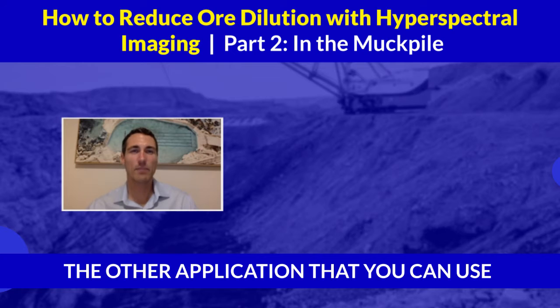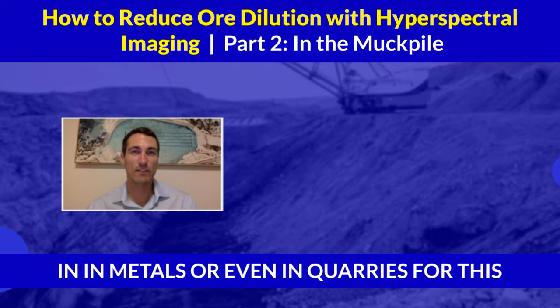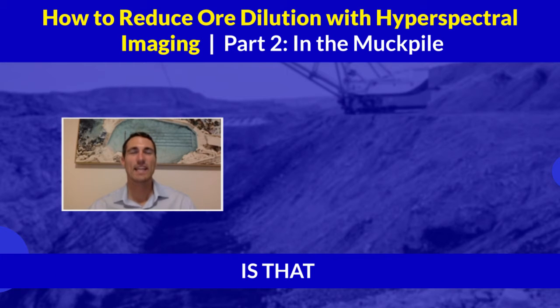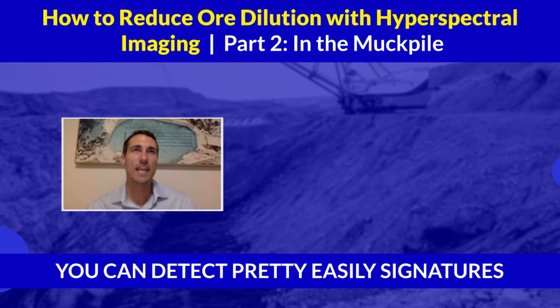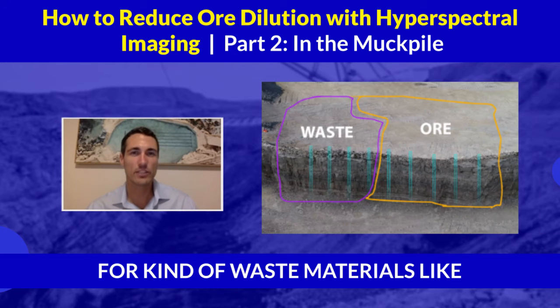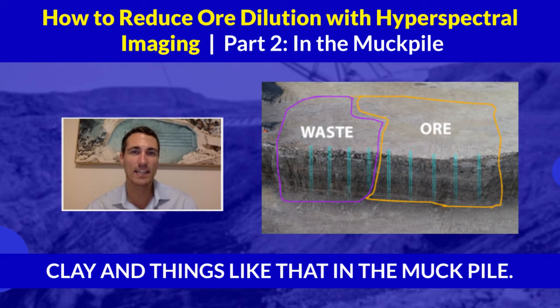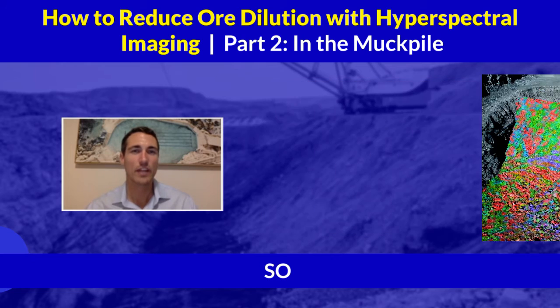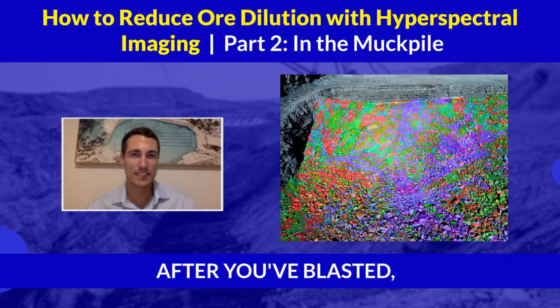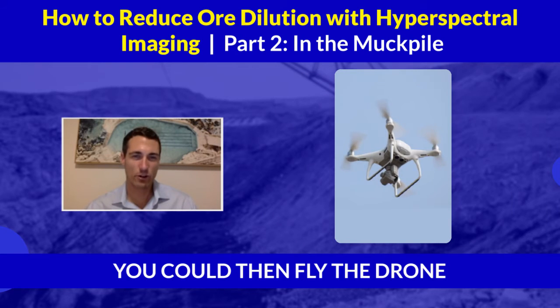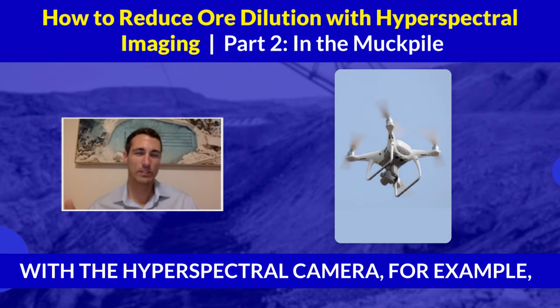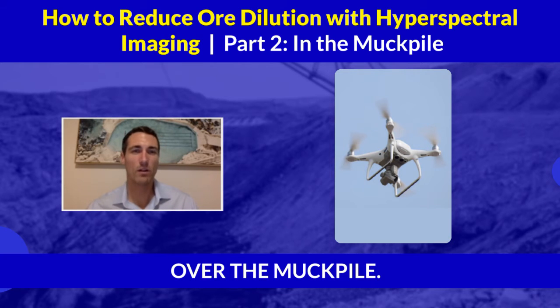The other application that you can use in metals, or even in quarries for this, is that you can detect pretty easily signatures for waste materials like clay and things like that in the muck pile. So after you've blasted, you could then fly the drone with a hyperspectral camera, for example, over the muck pile.